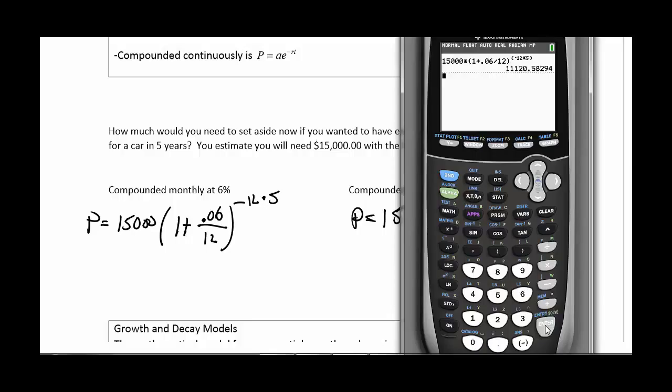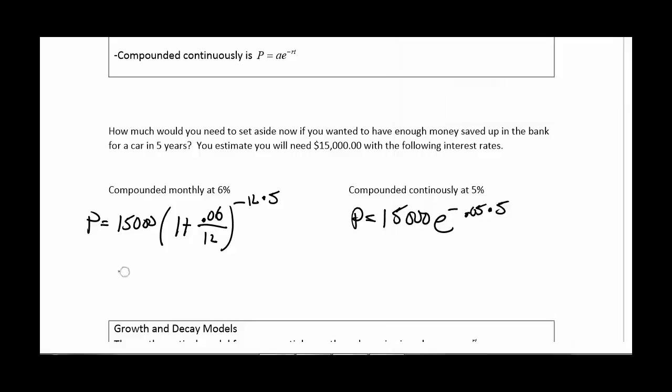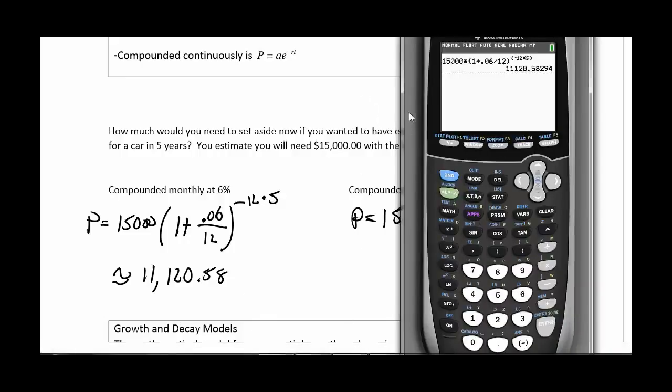Okay, and I get that if they just want to have 15,000 in 5 years, they need to have 11,120.58. So 11,120.58. So they'd have to go put that money in the bank and let it just sit there for 5 years.